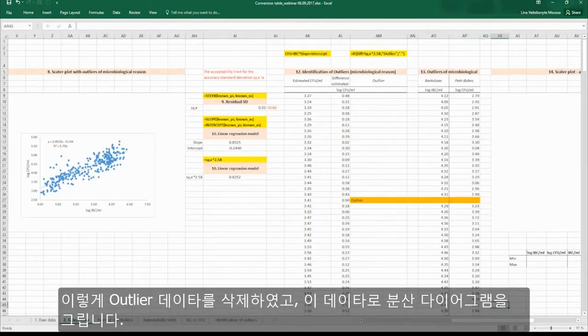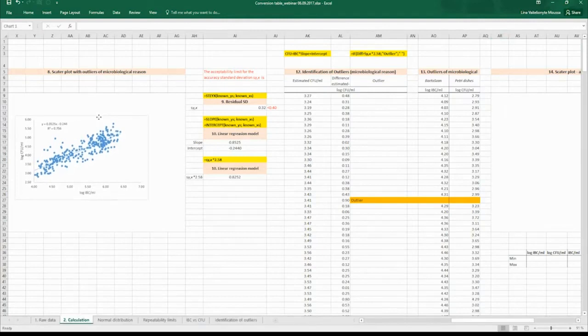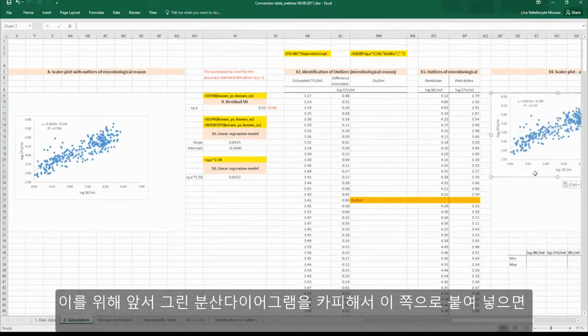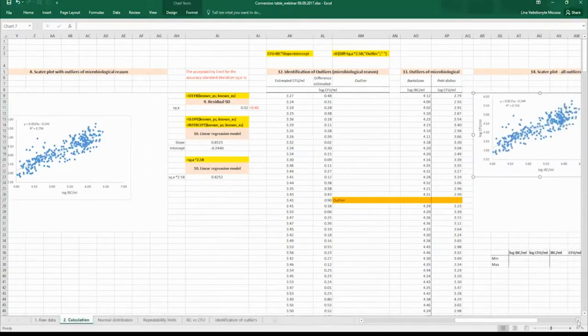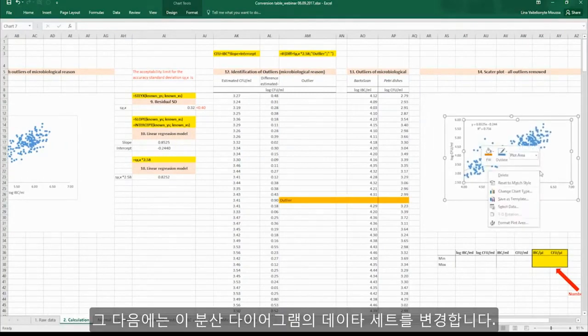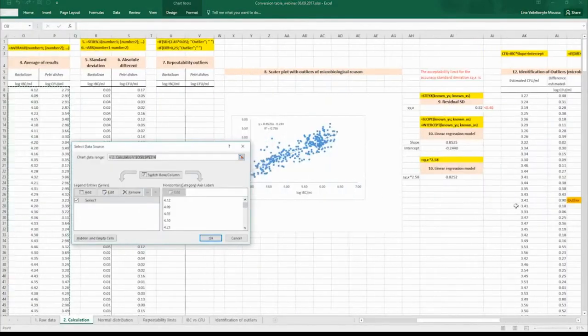So we deleted 4 samples from our sample set. And now again we have to draw a scatter diagram. We can copy this one and paste. And now what we will do, we will just change the data set.